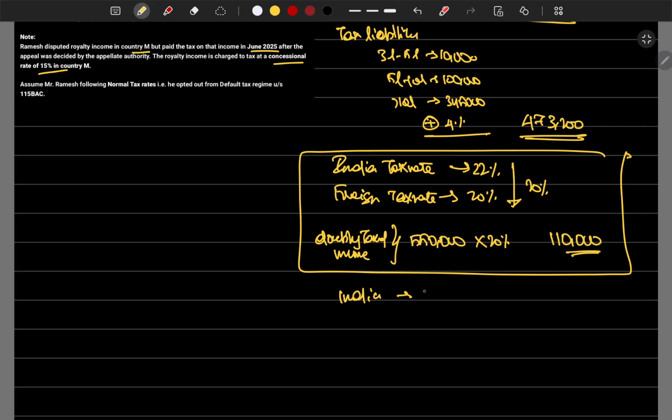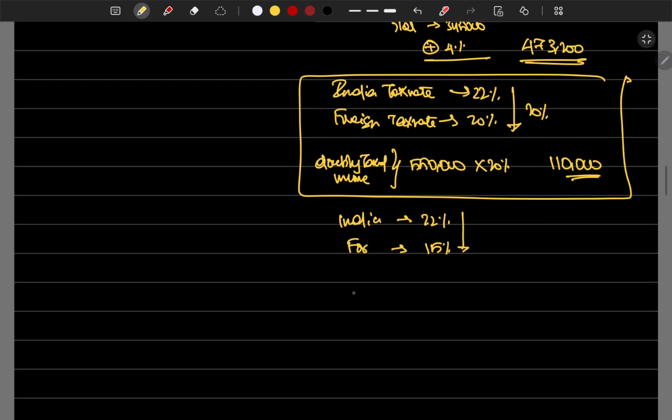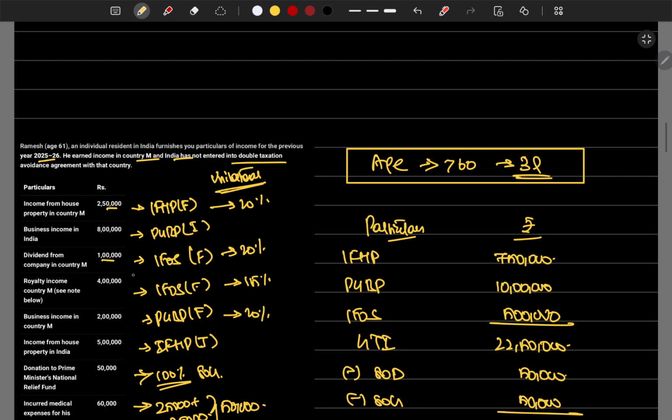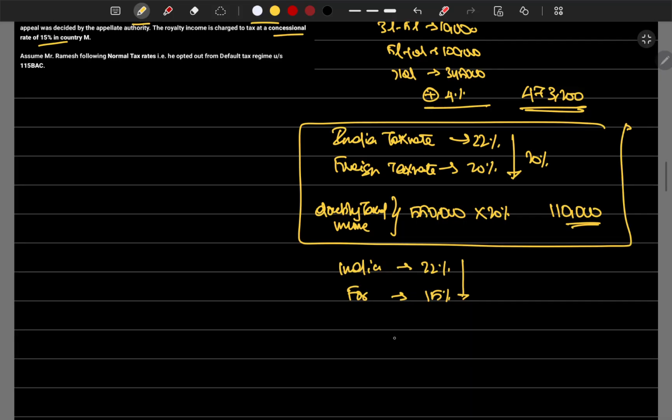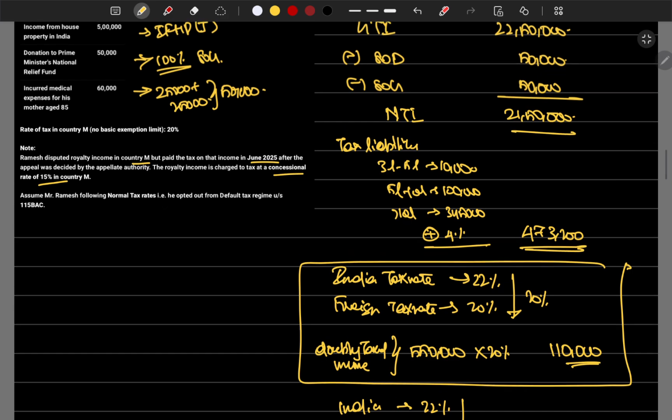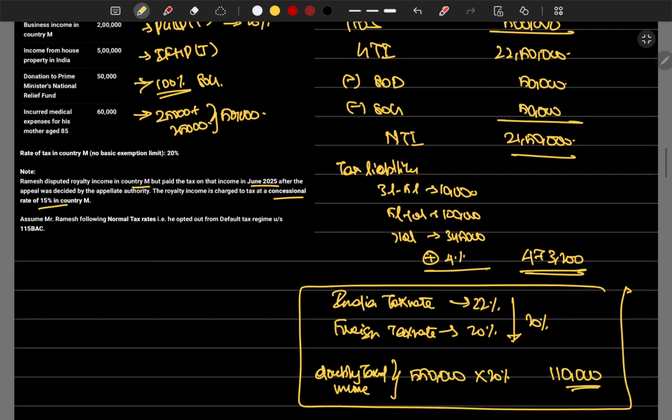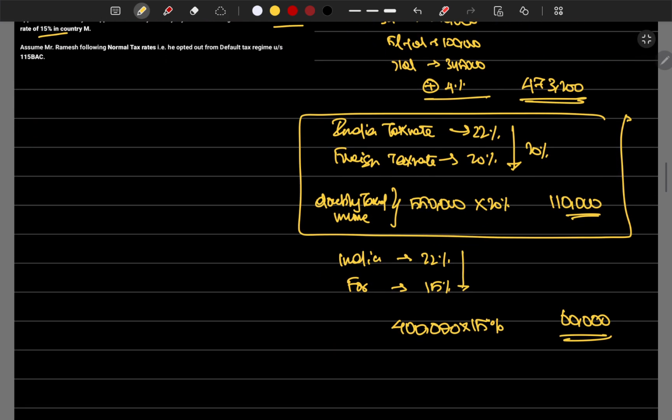India 22%, foreign 15%, whichever is lower, 15%. Doubly taxed is 4 lakhs. So 4 lakh into 15%, which is 60,000. So 1,70,000 is the relief.